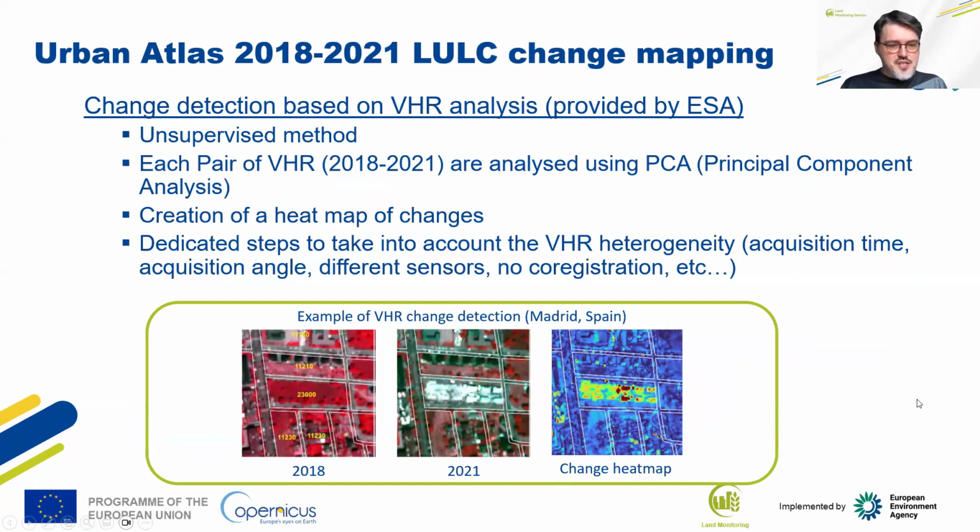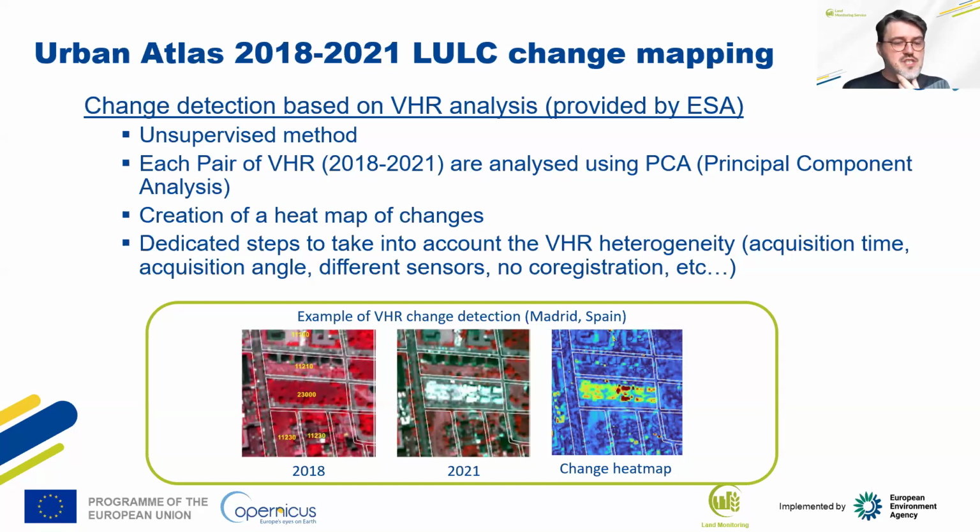Regarding the change detection with VHR provided by ESA, the European Space Agency, we use an unsupervised method. That means that the process needs no training data. This method is the PCA, or Principal Component Analysis. It is a statistical method that helps us compare two optical images by extracting only the most important information from them.